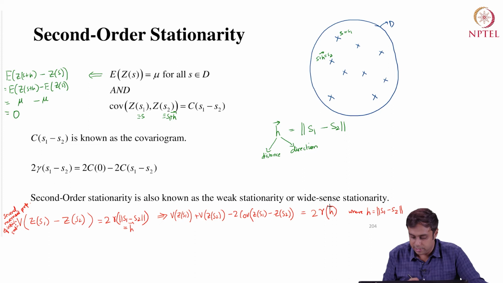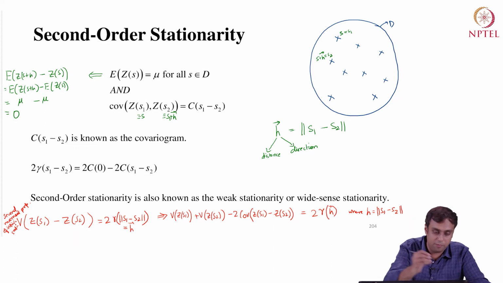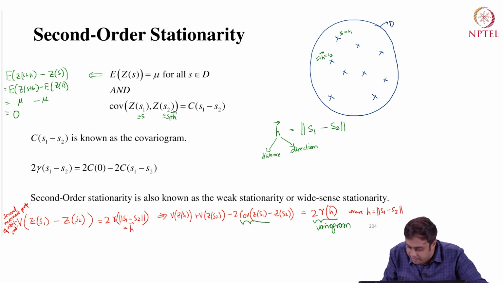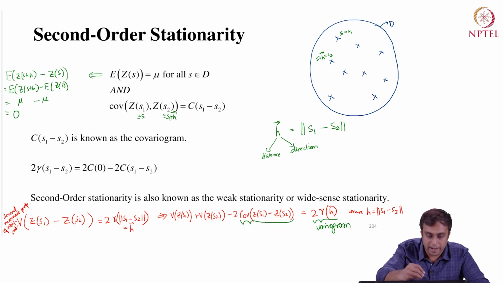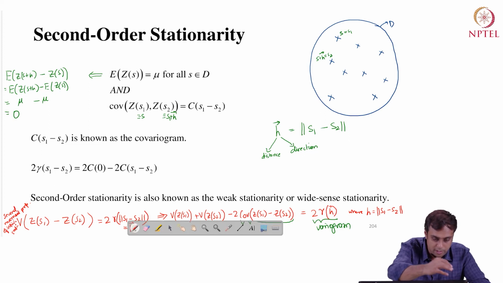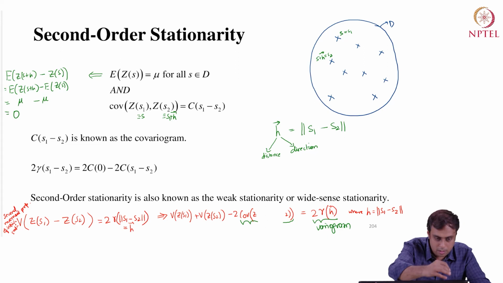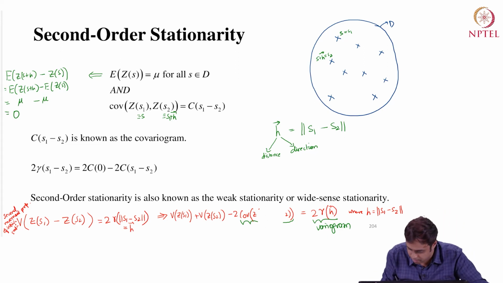Now, this is interesting. You basically see that the variogram, right, this is my variogram, and here the term covariance of Z(s1), Z(s2), right.